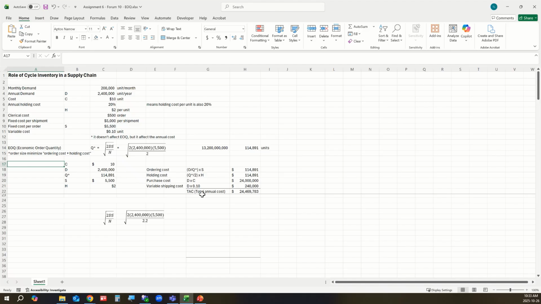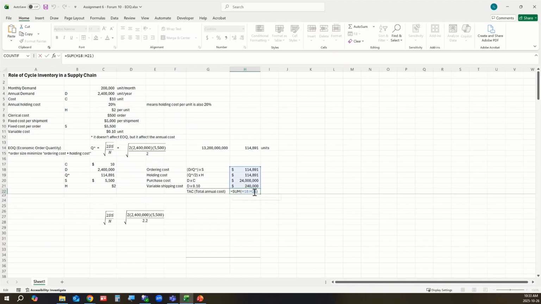So I made a small summary regarding the information that the question has given us, so it's easier for us to follow how we can calculate the total annual cost.